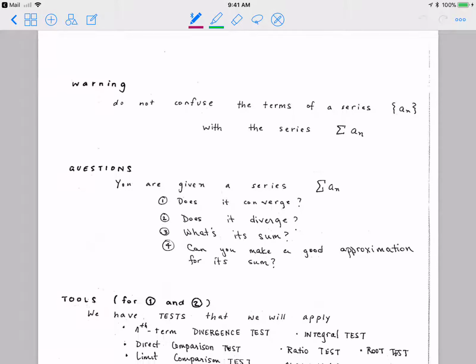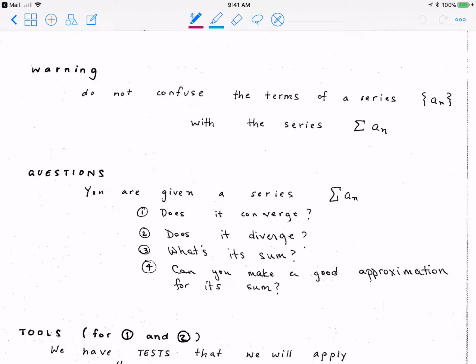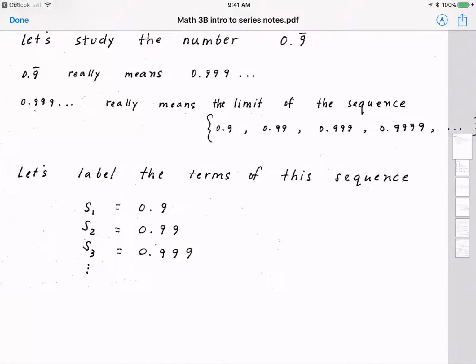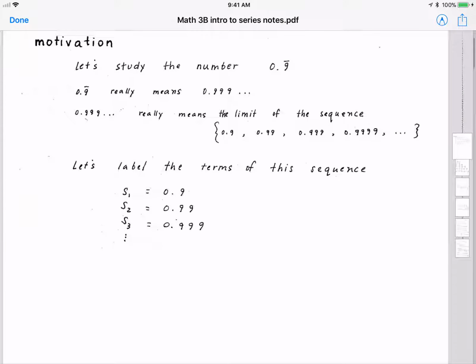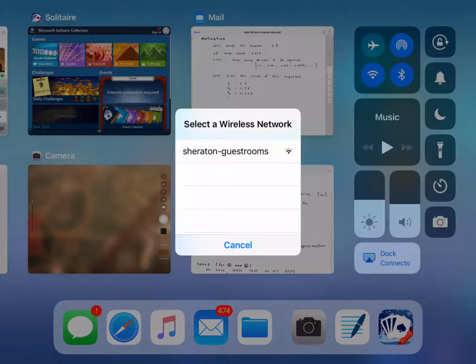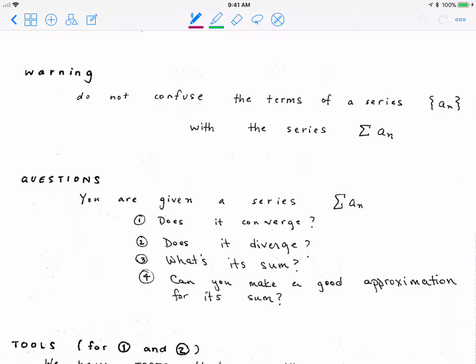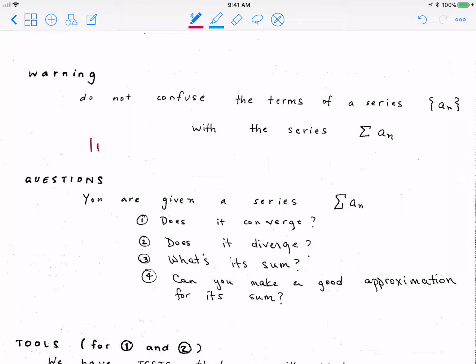Okay, so now we've got some warnings here. Do not confuse the terms of the series with the series. So for instance, if we are saying, what is the limit of a sub n as n goes to infinity?